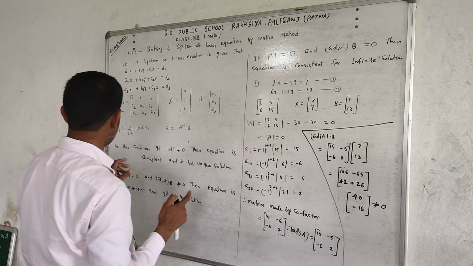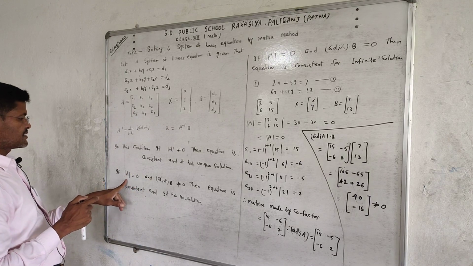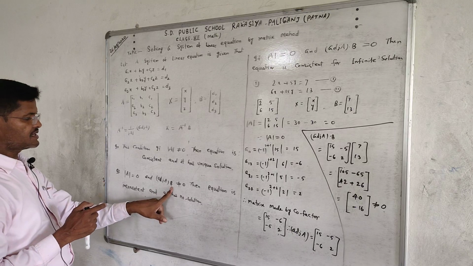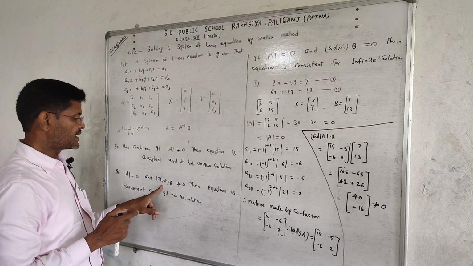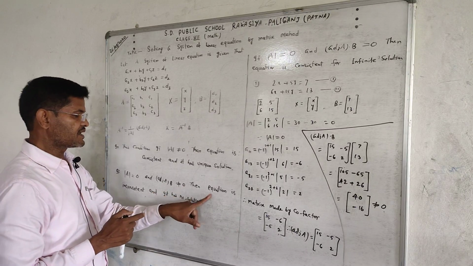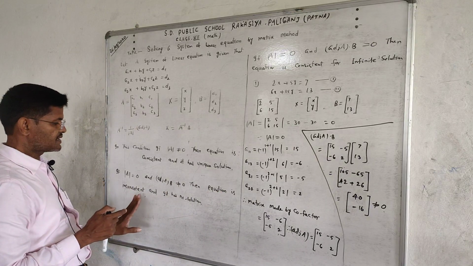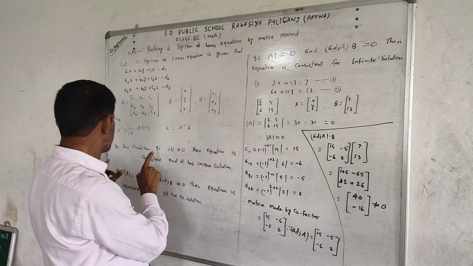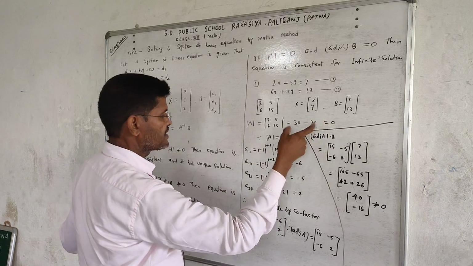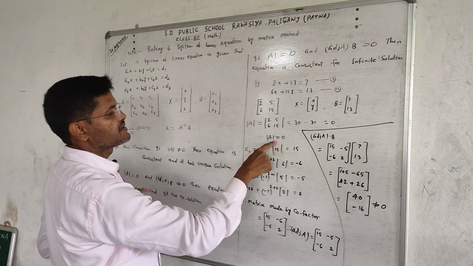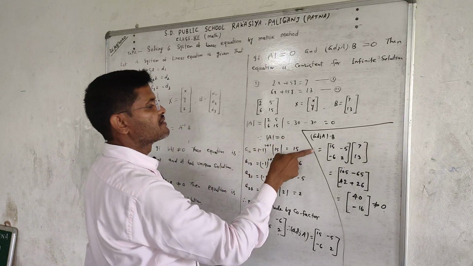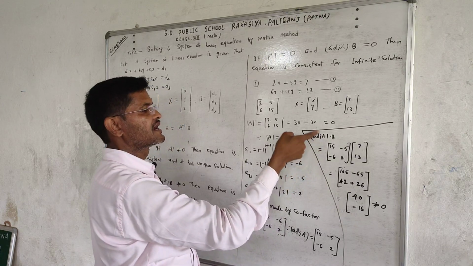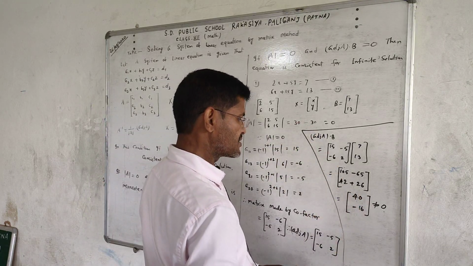We know that if determinant A is equal to 0 and the product of adjoint A and B is not equal to 0, then the equation is inconsistent and it has no solution. This situation shows in this problem. In this problem, determinant A is equal to 0 and the product of adjoint A and B also does not equal 0.